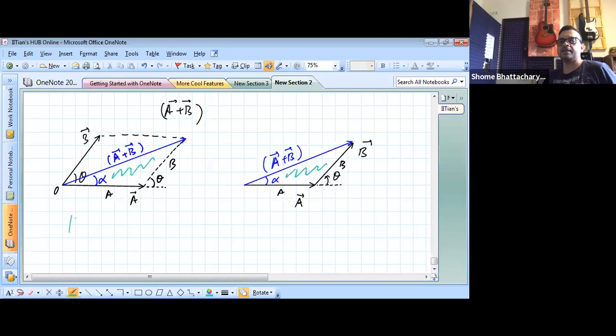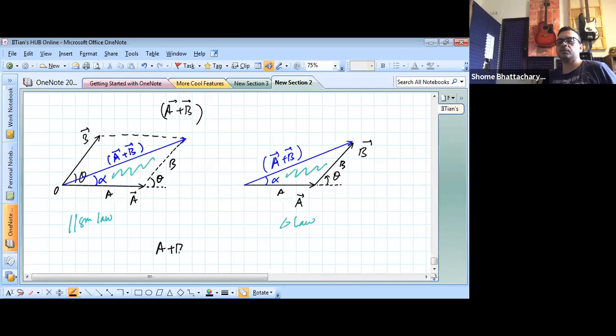So if you compare the parallelogram law with the triangle law for the sum, you can see one contains the other. That is why it's exactly the same thing, just expressed in terms of a parallelogram here, and in terms of a triangle there.